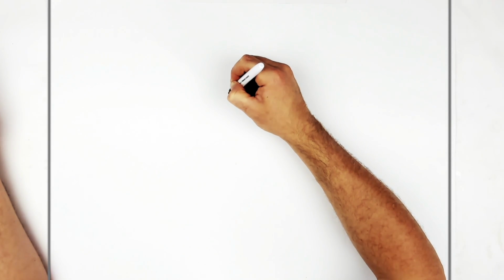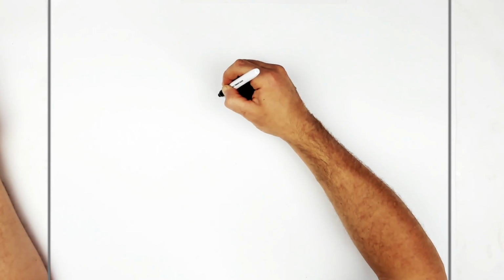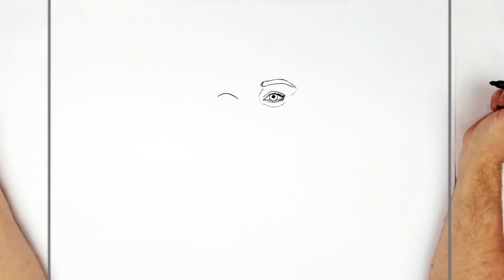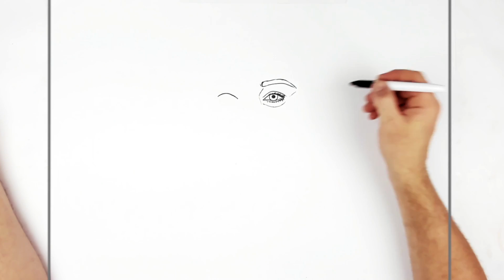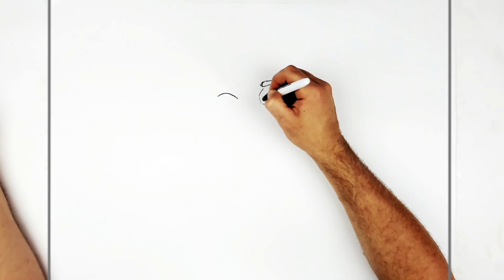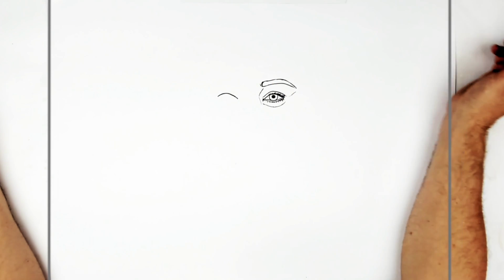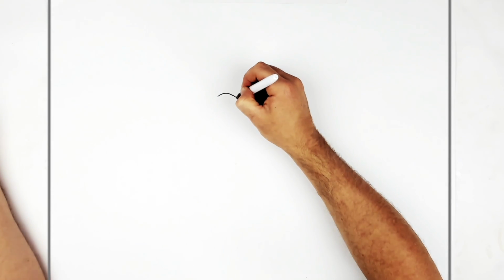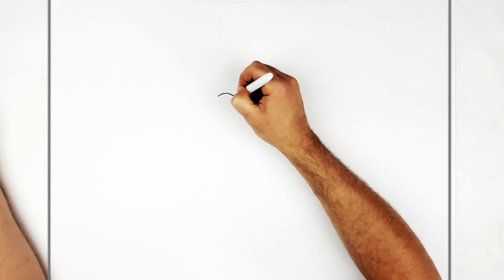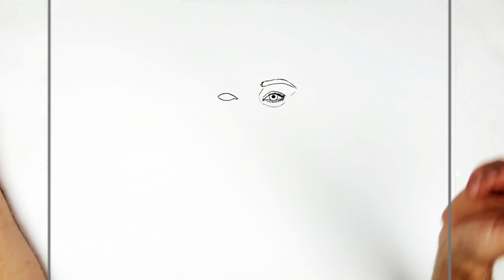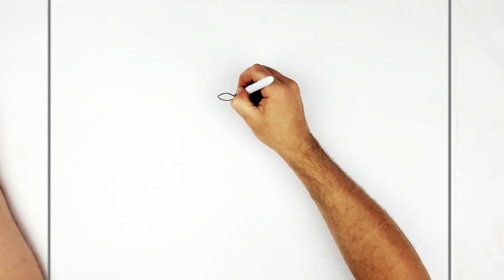It doesn't have to be exactly the same, because some people have one eye bigger than another. Well, nearly everyone does, actually. Then the bottom, so we've got the tear duct, and then it just curves around here. Some of this eye will be under hair. And then the tear duct just in there.